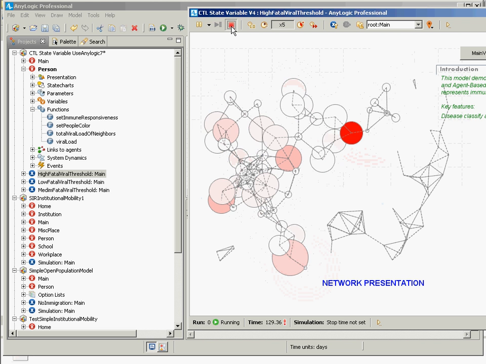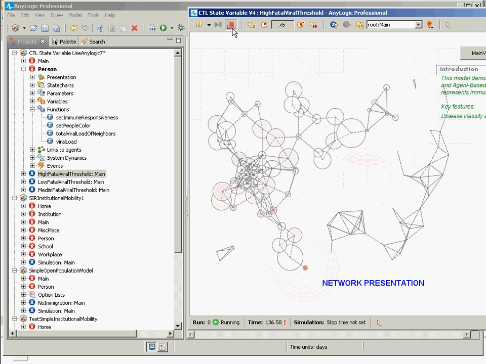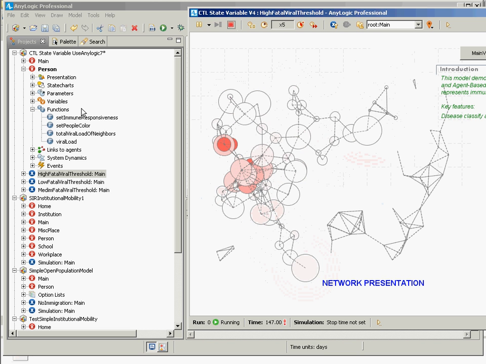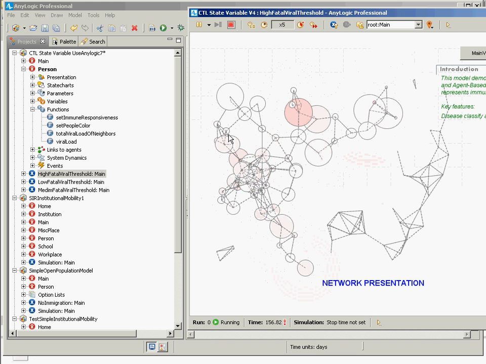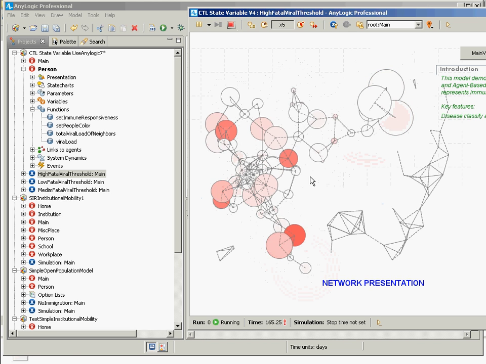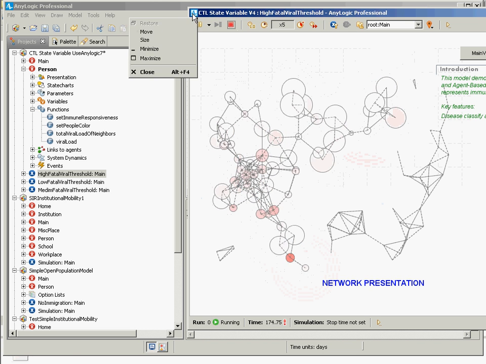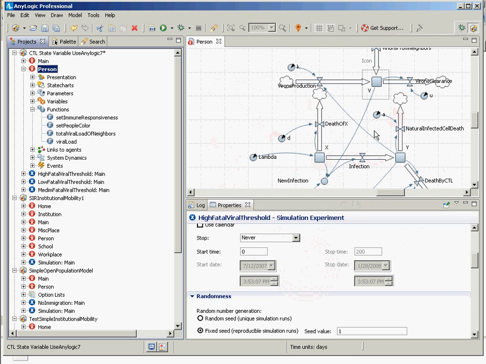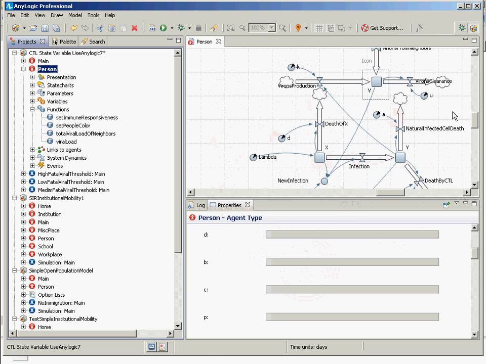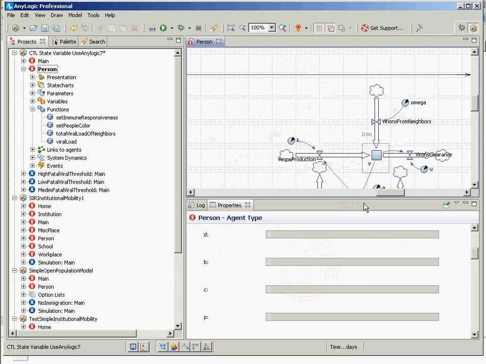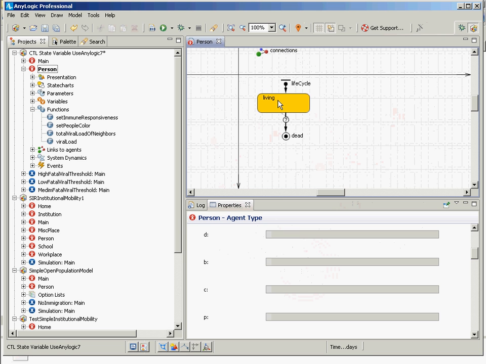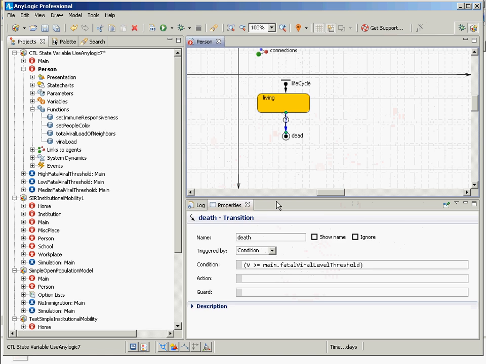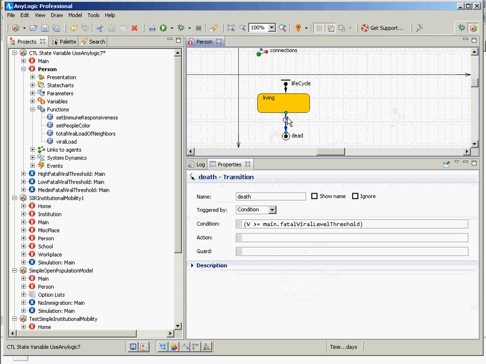Here we have a hybrid model, hybrid because we have agents. Each of those agents is placed in a network, and within each agent, we have stocks and flows, system dynamics components, as well as a state chart here. Now this state chart on the left uses a transition you may not have seen before, this condition transition.